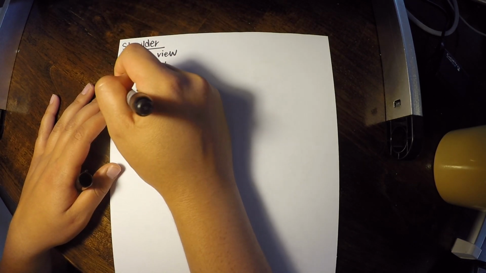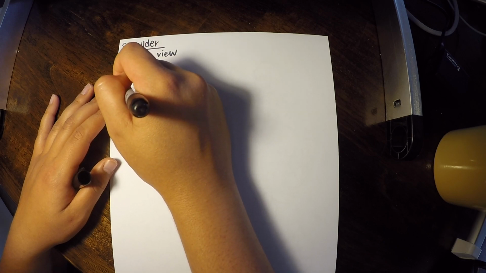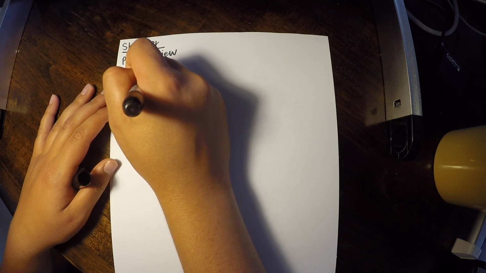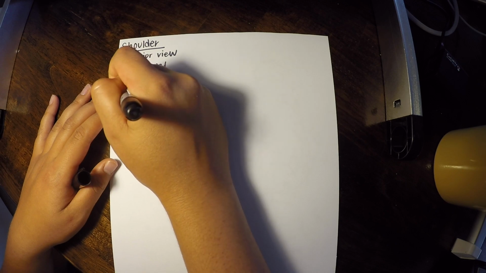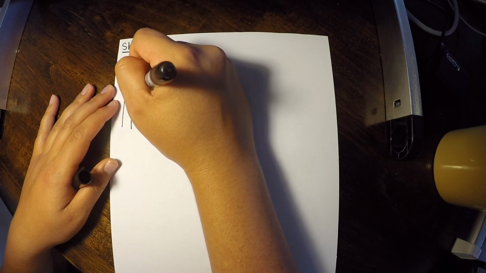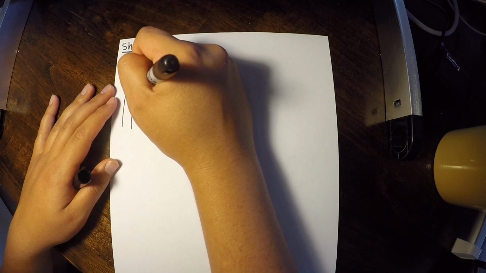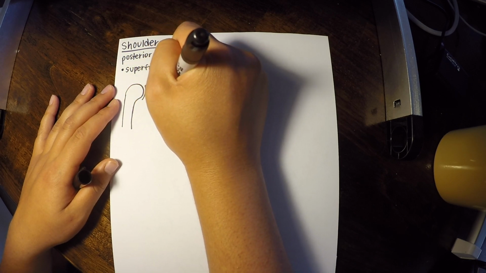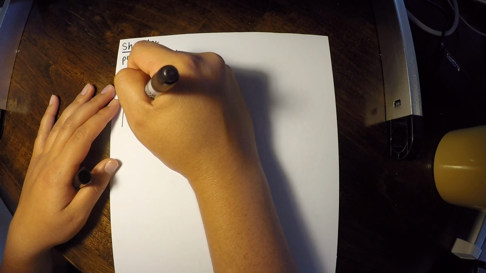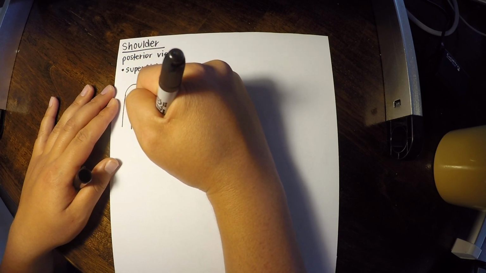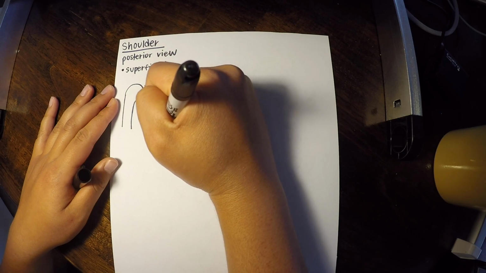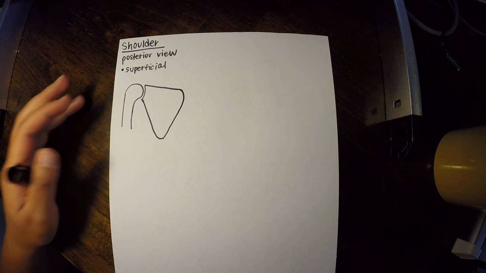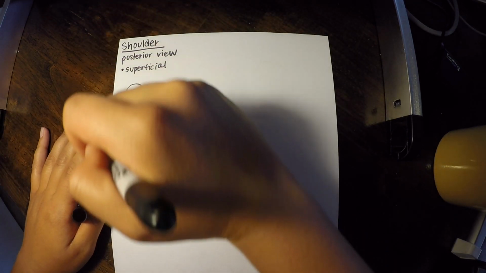So I'll start out by drawing our humerus, and then I'll draw the scapula. So this is just going to be a super rough drawing of it, just because we went into our detail with the skeletal system. We don't really need to do that again.